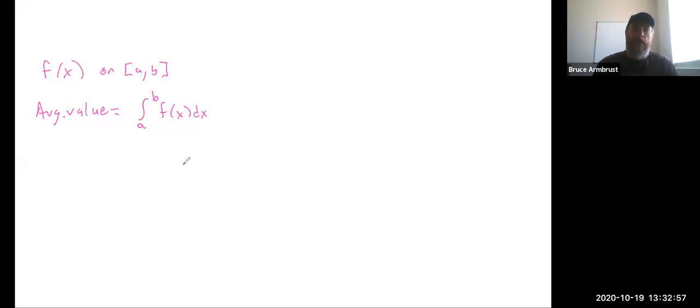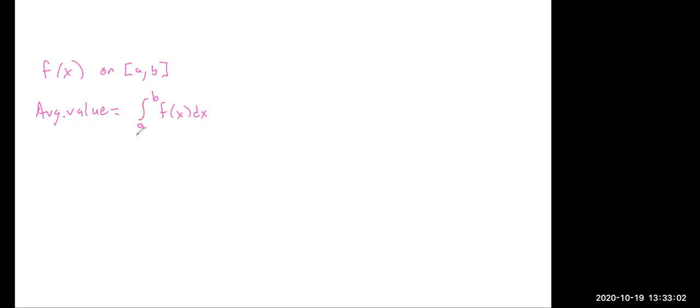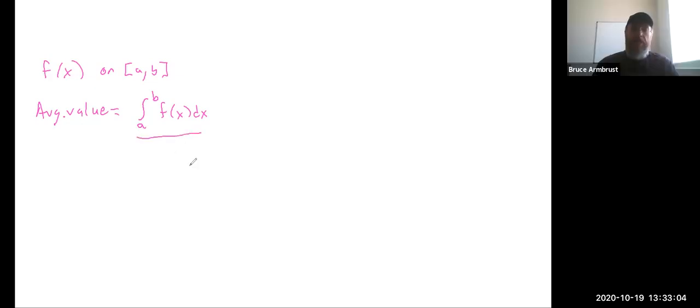But then there's one more thing you've got to do to get the average value. Divide by b minus a. Remember with averages, in general, you add them all up and then divide by how many you have. Well, that's what this does. It's adding them all up. That's what the integral does, so it adds up all the function values. And then we divide by the interval because that's how many x's we had, basically. So that's the 1D case.